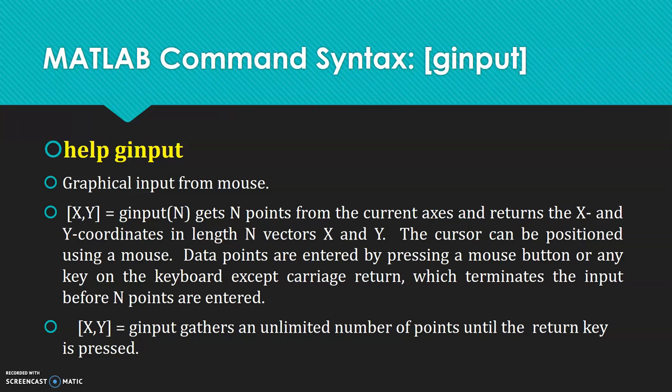But if I give ginput, the coordinate will be chosen from the mouse click. Please do remember the most important one: ginput gathers an unlimited number of points until the return key is pressed. So it is very important to remember. We will see that when we solve assignment 3.